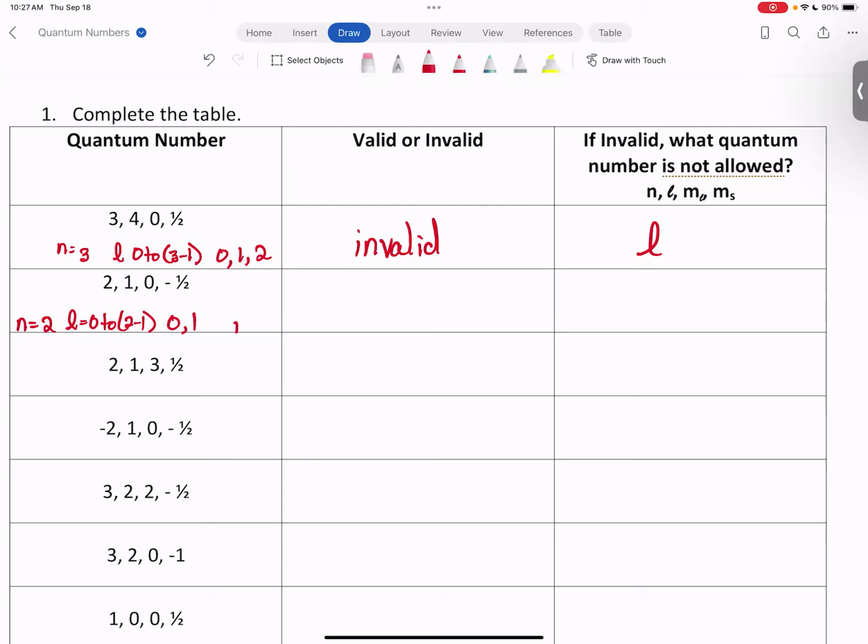M sub L has to be equal to a negative L to a plus L, so that can be a negative 1, a 0, or a 1. So that is okay. And then M sub S has to be either a plus 1/2 or a minus 1/2. So that is okay. So this second one is valid because it followed the rules.